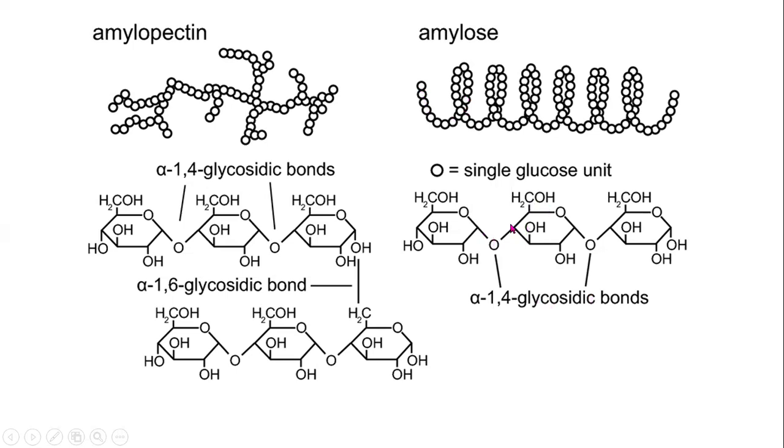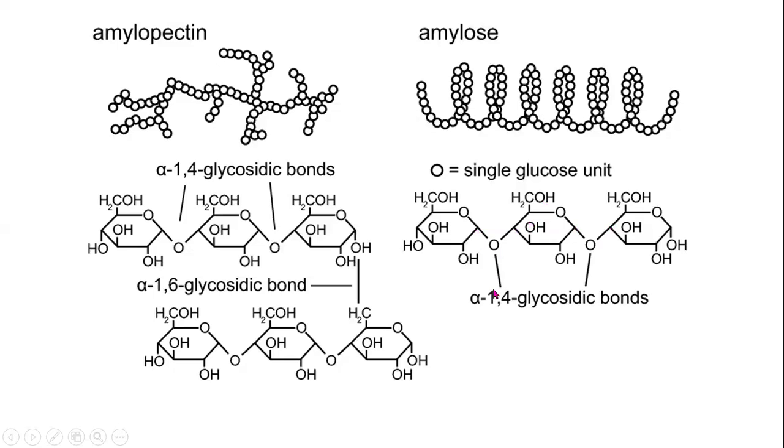If this is the first glucose residue, carbon 1, it forms a glycosidic linkage with another glucose residue at carbon 4. And if that glucose residue is going to form another bond, it has a free carbon 1 here that can form a glycosidic linkage with another glucose at carbon 4.